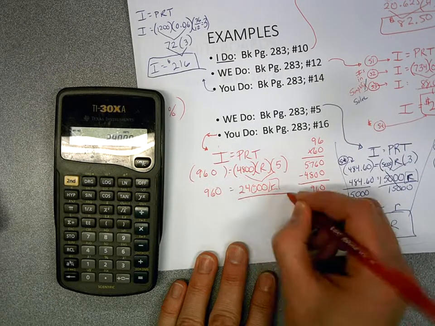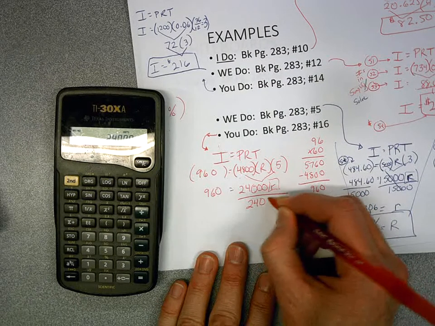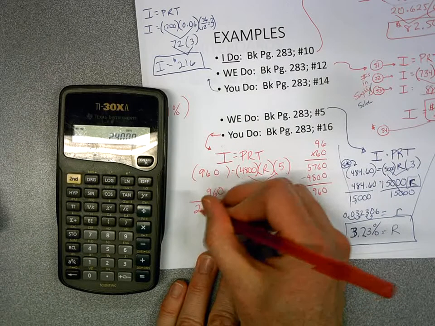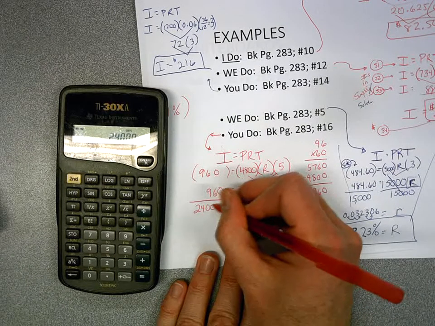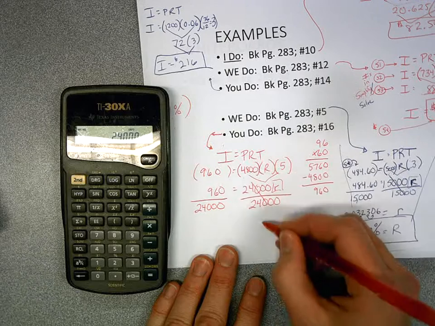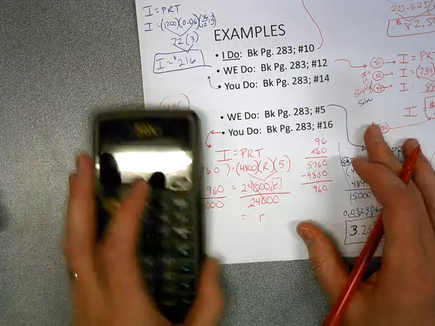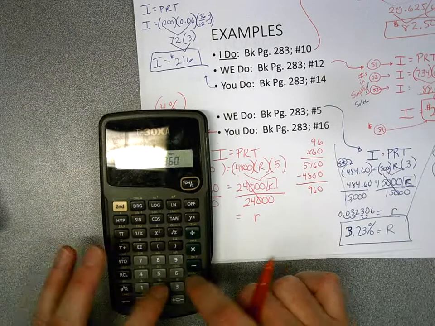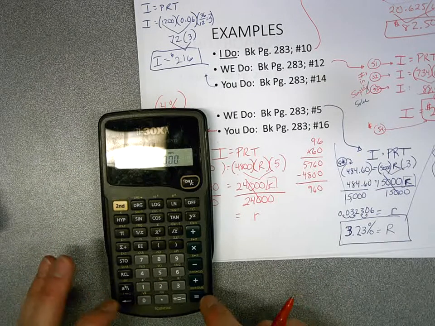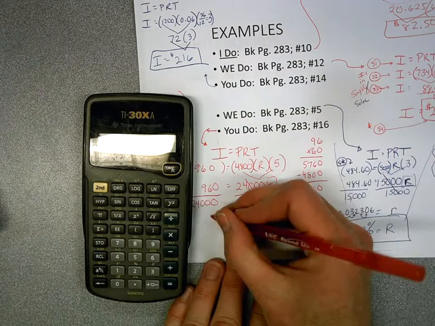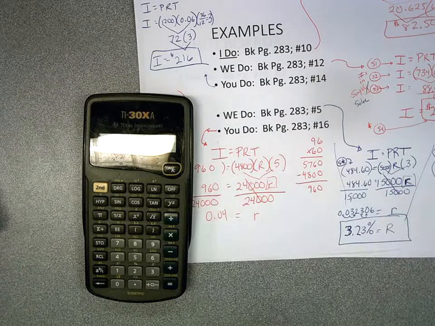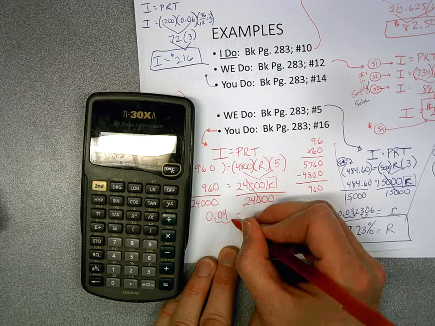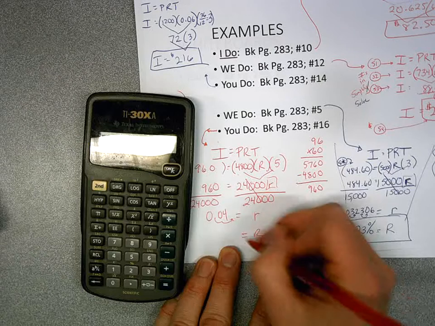We divide by 24,000. With an equation, you do the same thing to both sides. So those cancel. We end up with R equals 960 divided by 24,000, and we end up with 0.04. That's a lot easier than that last one we had, right? Because changing it to the rate, you move the decimal over twice, and we get 4%.